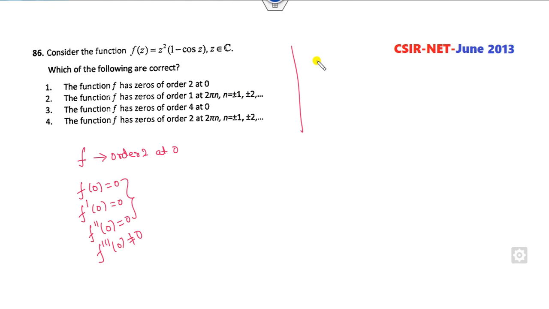So if I take this as 0, z square times 1 minus cos z is 0. Fine. So if I open this as a series, it will be z square by 2 minus z4 by 4 factorial and so on.